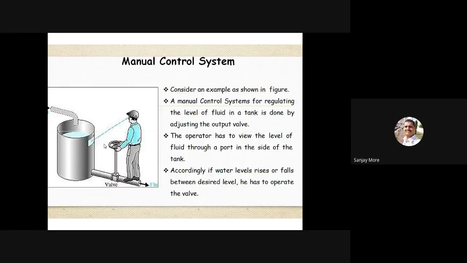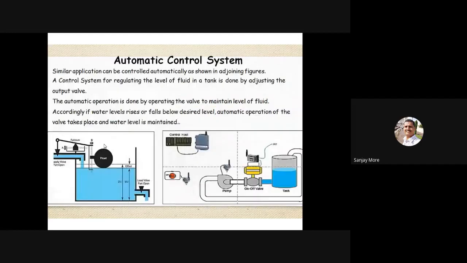This is the manual control system, and this is the automatic control system of filling a water tank. See this diagram. This is the water tank, this is the float, and here is the supply of water. Our campus water cooler is based on this automatic control system.